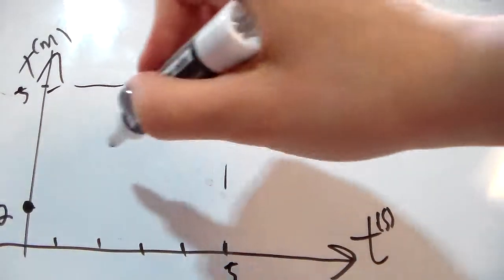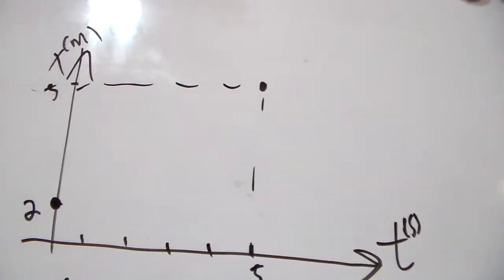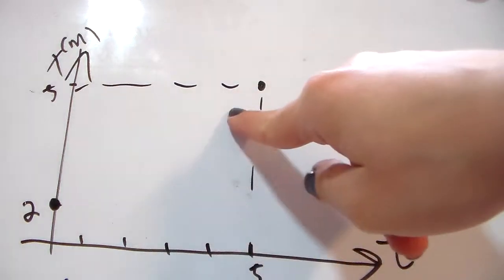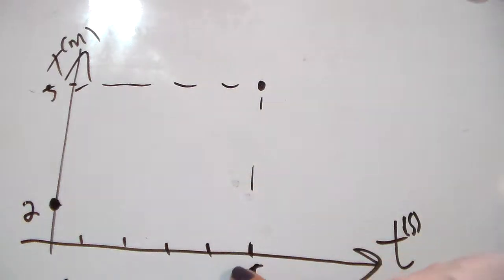Now I do know the location of the object at these two points, but I have no idea about the location of my object in the meantime. So where my object was at, let's say, t equals 1 second, 2 seconds, 3 seconds, 4 seconds, and any seconds in between.